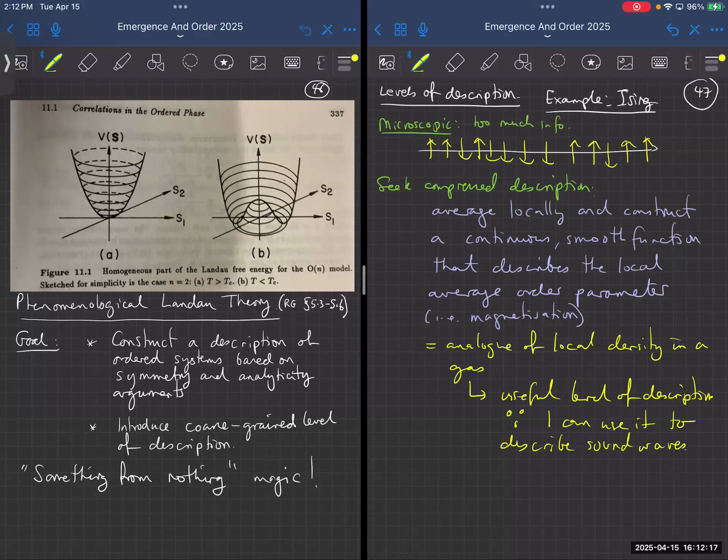And what's important here is that the wavelength of the sound waves is much greater than the mean separation between the atoms in the gas. And so because I can do that, then I can make a description of sound waves, and that description is known as a hydrodynamic description.